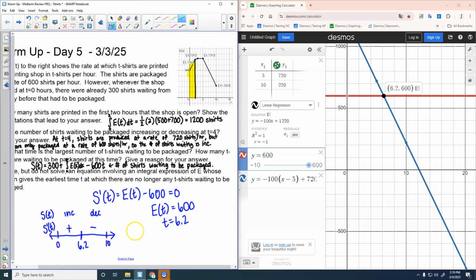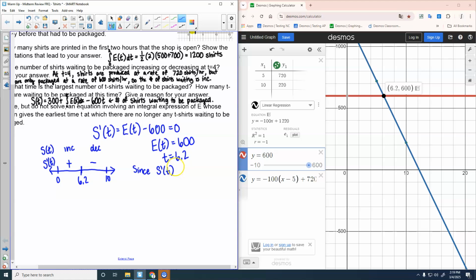But we would say since S prime of t is greater than 0 for 0 less than t less than 6.2. I should say just less than there, not or equal to, since it equals 0 at some of those points.